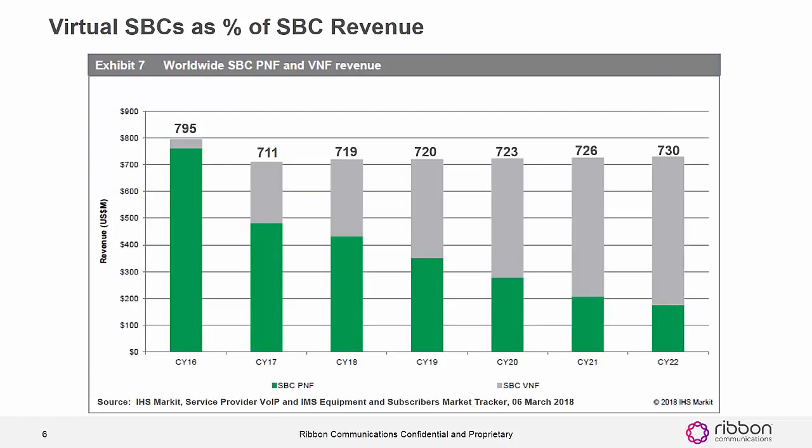And what you can see is that even though the total market revenue dropped from 16 to 17, the percentage that was virtual, the gray bar as opposed to the green, took a huge jump. And what you'll see going forward from this year, 2018 through 2022, at the end of their period, is that they're looking at a growth in the virtual versions of a session border controller from 40% this year to 76% by 2022.